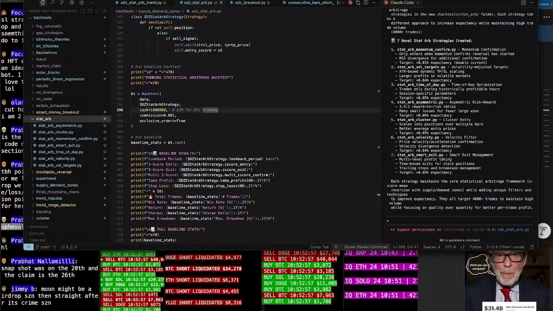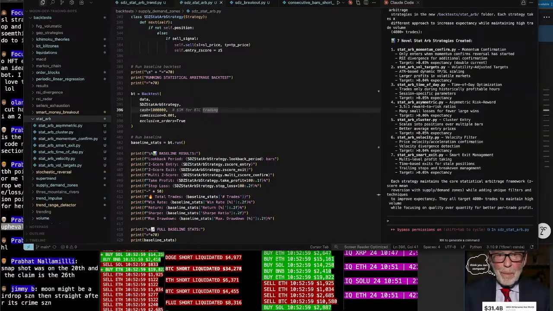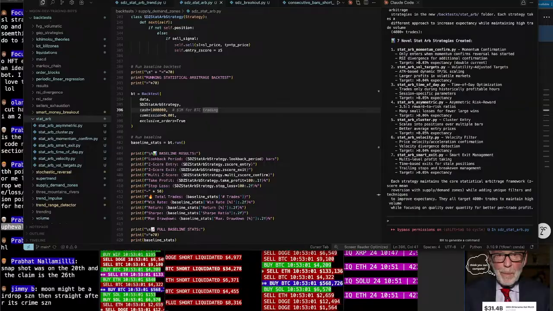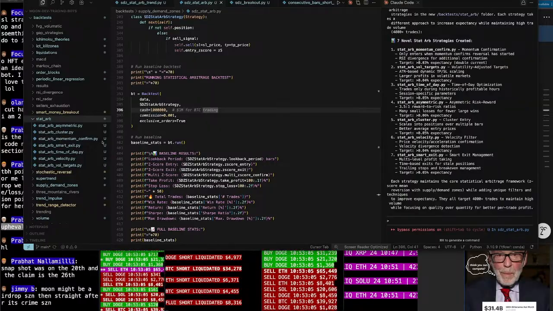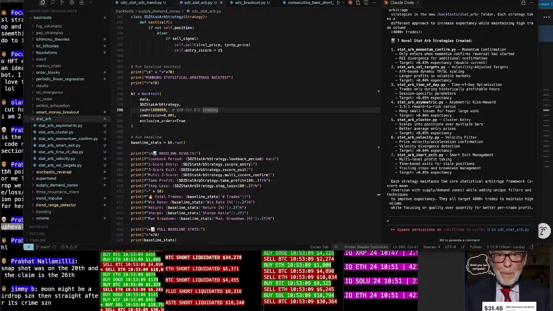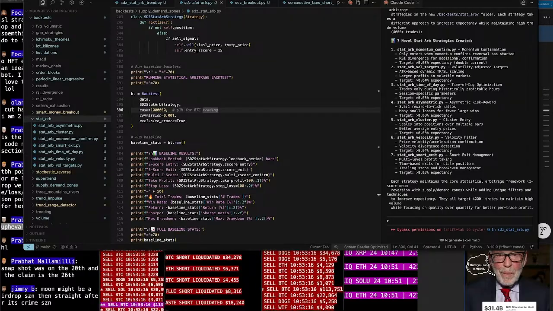Stat arb here. Perfect. Okay, and our new thing works within drawdown limits. Perfect. Good to see. Good to see.